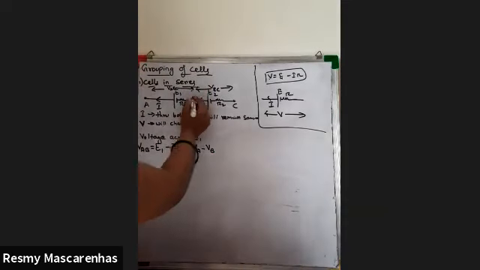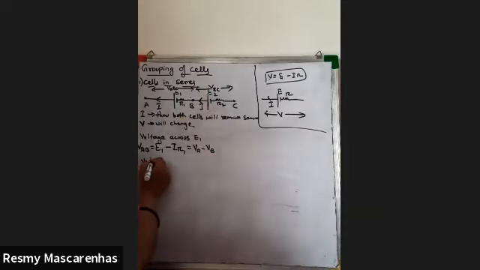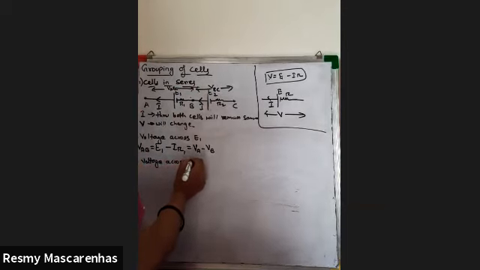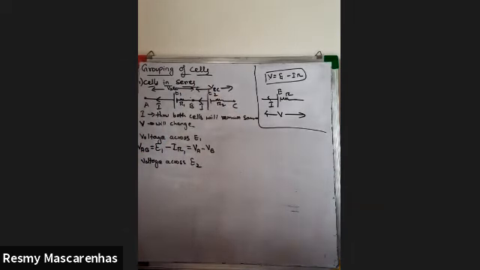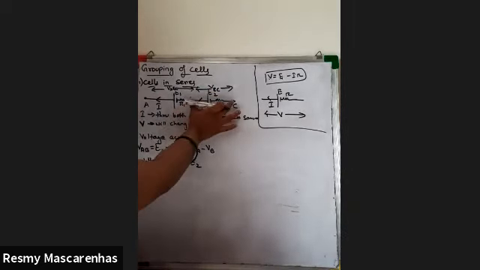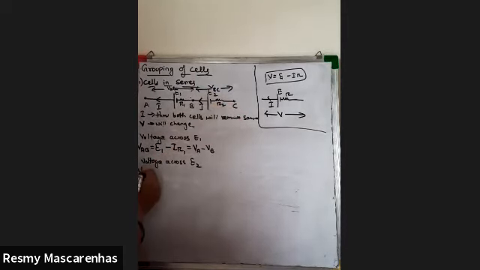Similarly, let us find out the voltage across this. What will it be? Voltage across E2 means across these two points B and C. So VBC will be equal to, which cell is it?